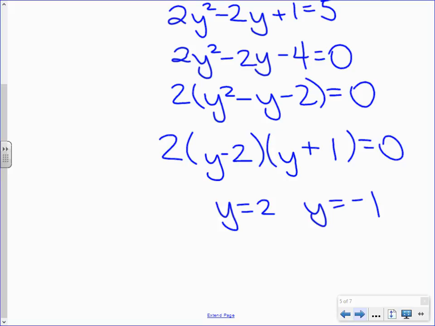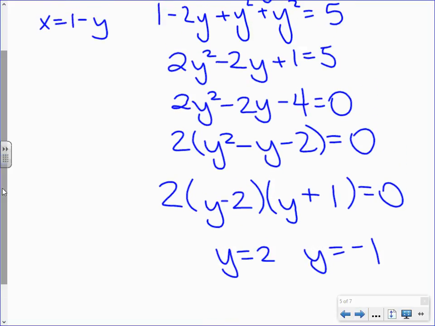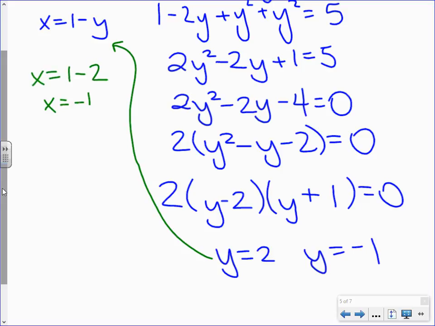Now what do we do with these? Plug them back in. And we've already solved for x here, so those are easy to plug in. If y equals 2, then we have x equals 1 minus 2. If y equals negative 1, then x equals 2.